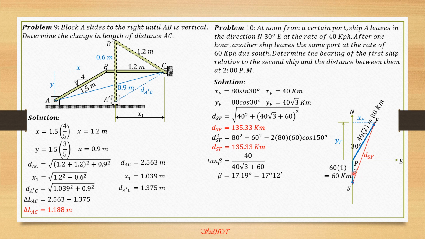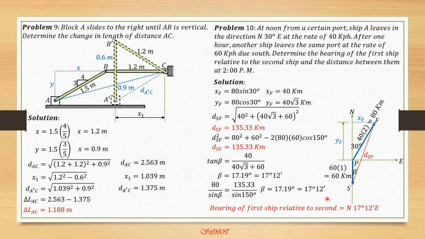So 80 over sine beta, beta is acute so nothing to worry, equals distance SF over sine 150 degrees at angle P. So beta is inverse sine of 80 sine 150 over 135.33. So that's also 17.19 degrees or 17 degrees 12 minutes. So the bearing of the first ship relative to the second ship is north 17 degrees 12 minutes east.